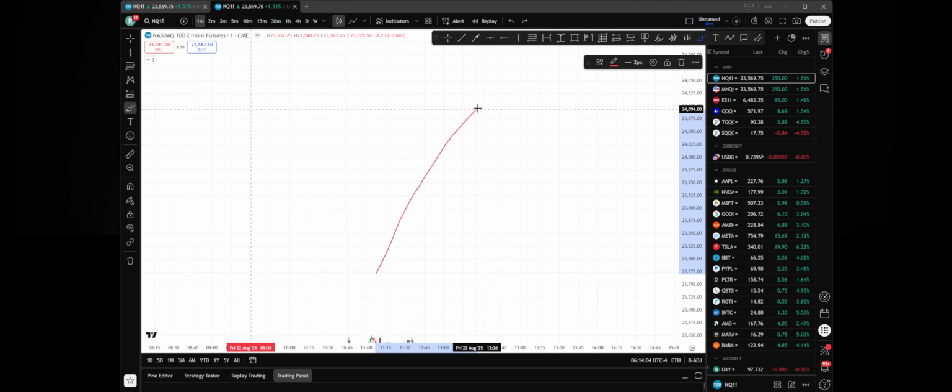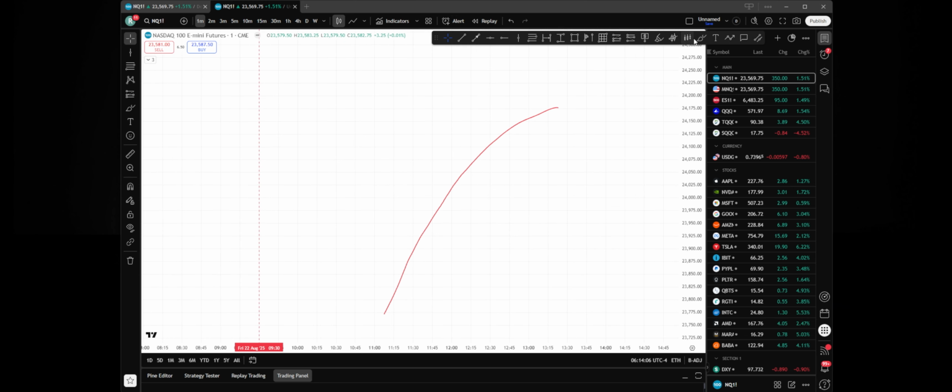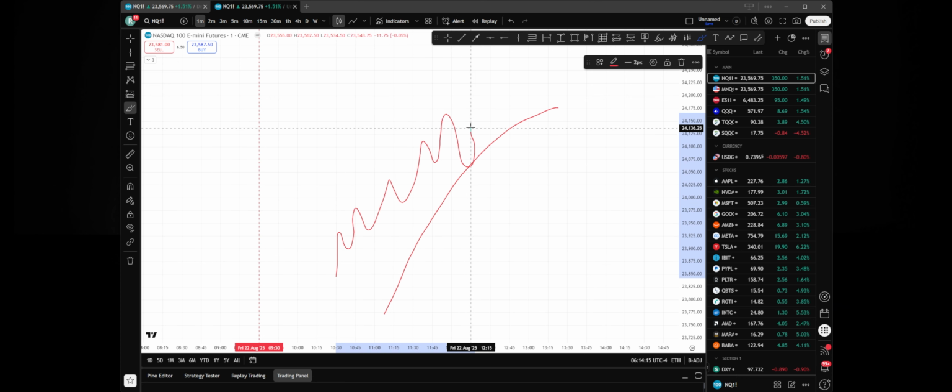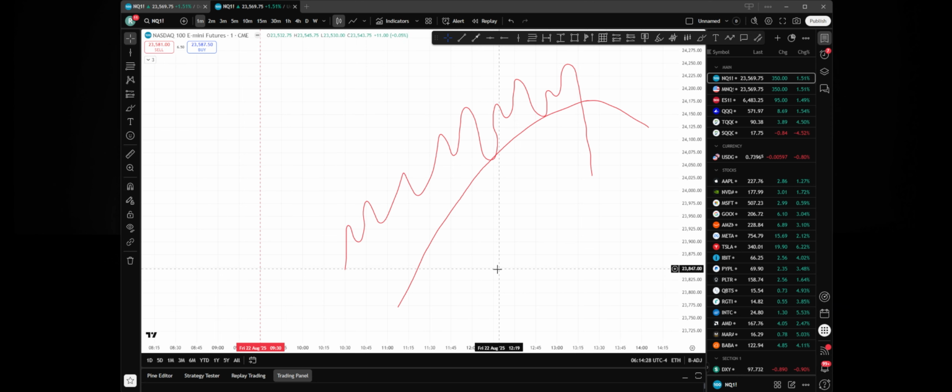Let's say this is our 50 EMA line here, and let's say this is the price, right? We come into the 50 EMA, we hold above, we come back in, we hold above, and then here we finally break. Now, once this has finally broken, the 50 EMA will start to curl down following price, as it collects more data.